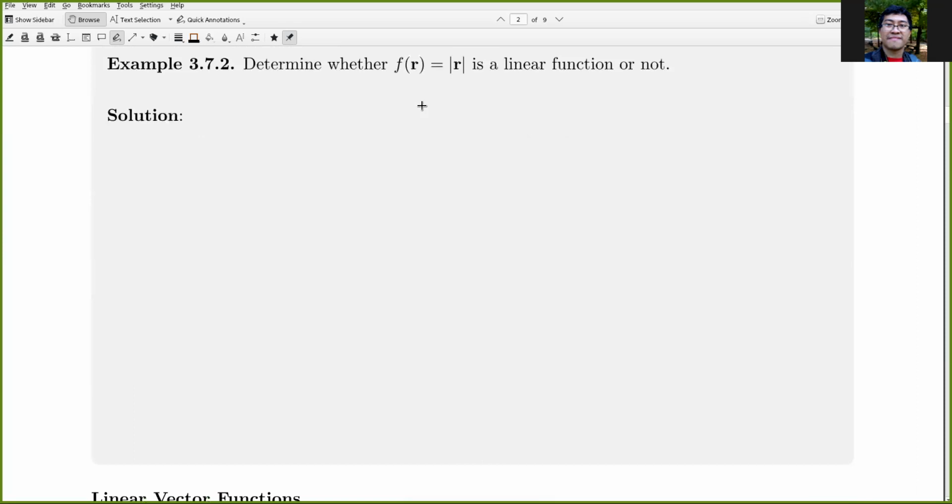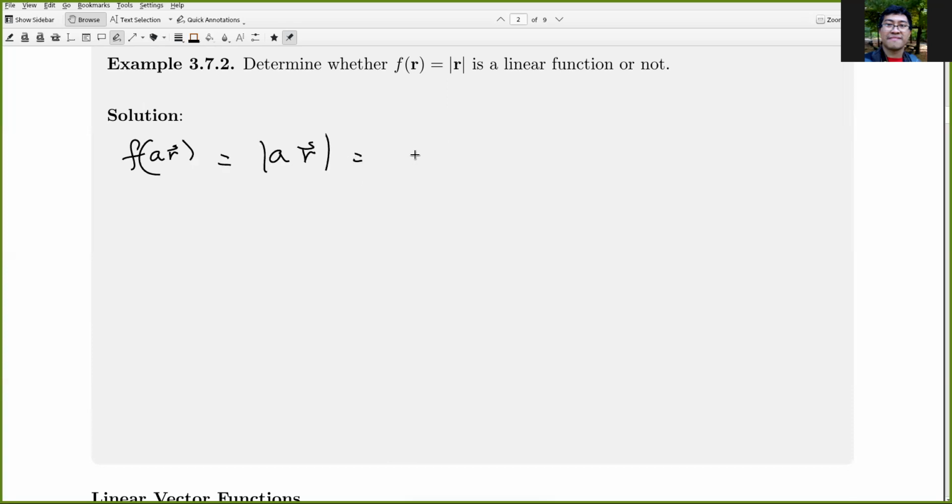Another example, determine if f of r, which is the absolute value of r, is a linear function or not. Let's check the second condition, f of ar, that's simply the absolute value of ar.